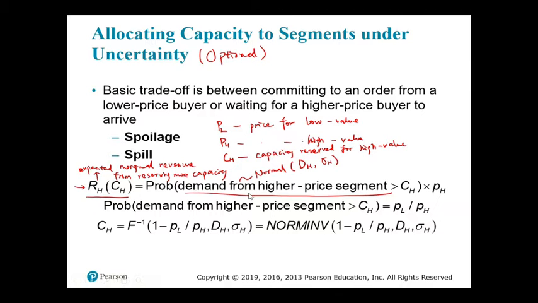Basically equal to the probability that we have more demand than reserved times the profit, the revenue that's going to be generated from this additional demand fulfilled.